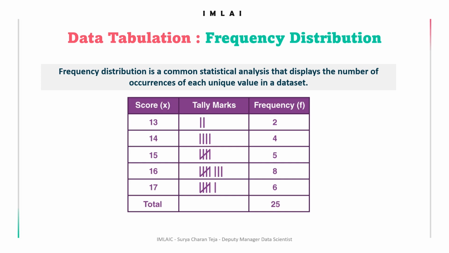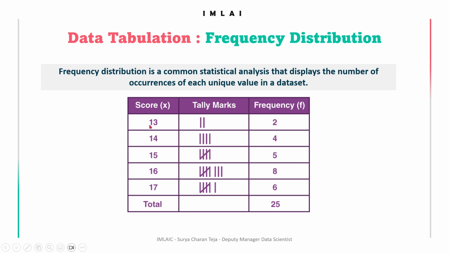One example that you can see on the screen is maybe in cricket. So you have 13 score. Two batsmen scored 13, four batsmen scored 14, 15 was scored by 5, 16 by 8, and 17 by 6.